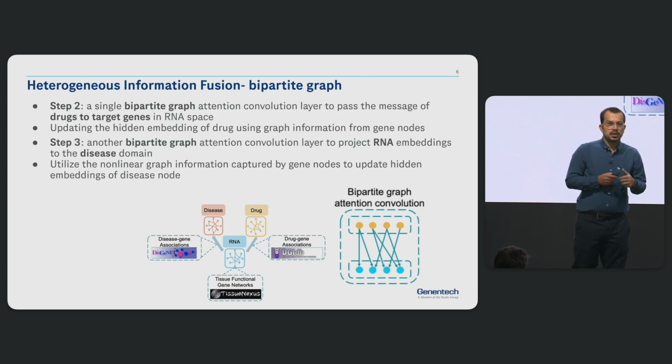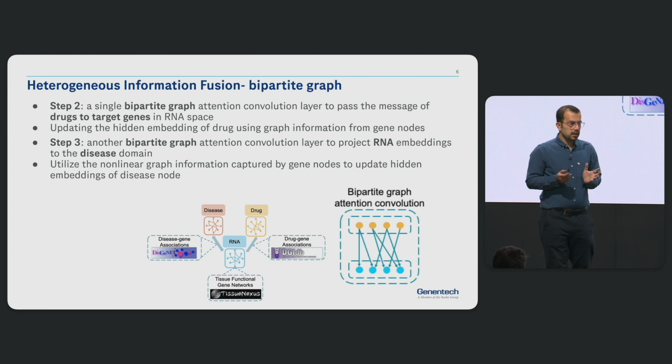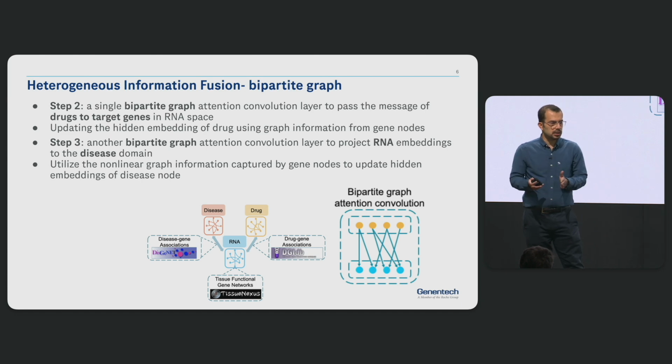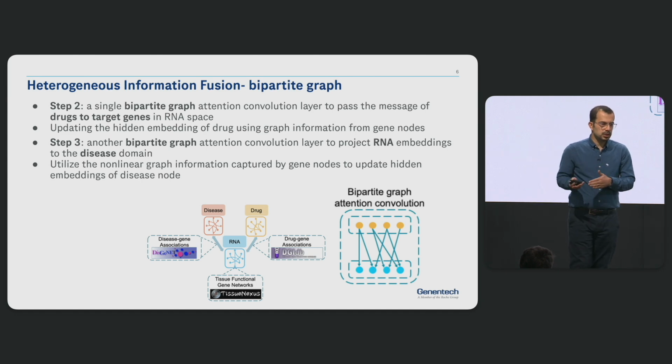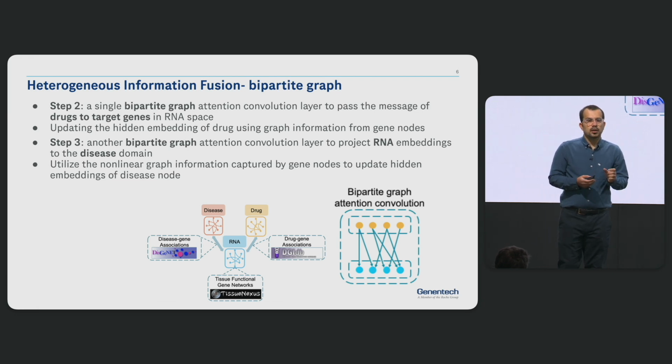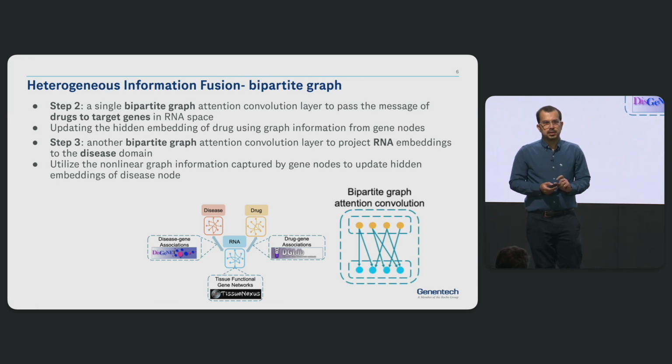What we do is create a bipartite graph through attention convolution that passes the message from drug to gene, and then from gene back to the drug to update the embedding of that drug. We do a very similar thing for disease and gene as well.